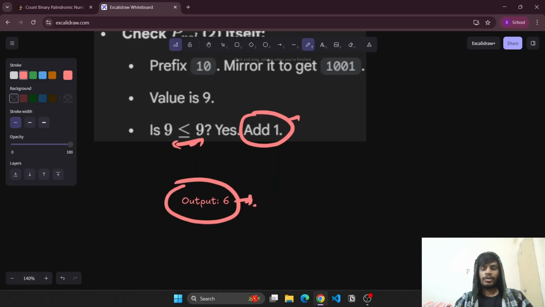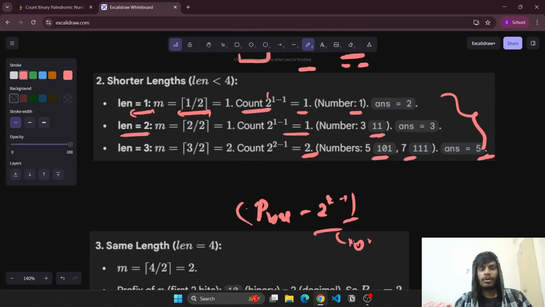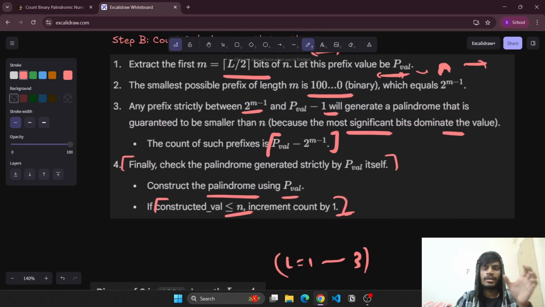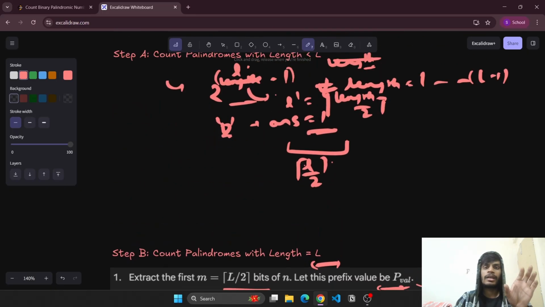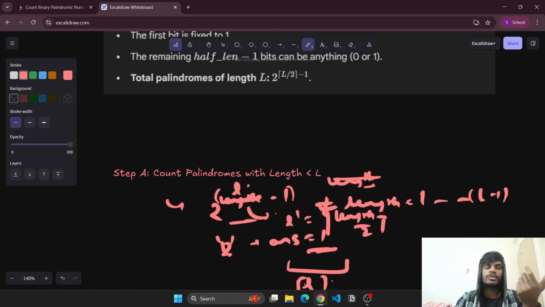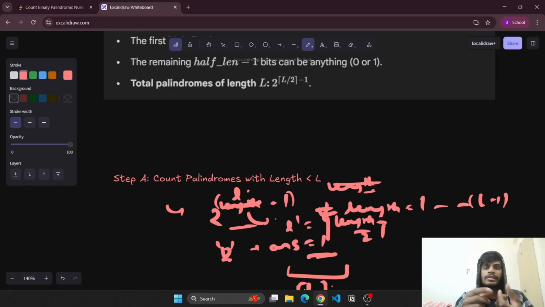So I hope you are able to grasp how, just on the basis of the first k bits, or the first length by 2 bits, we are accounting for all possibilities of assigning bits, such that the remaining number can be simply mirrored according to the number on the MSB, because obviously the part on the MSB will have a greater weightage than all the bits on the left side.